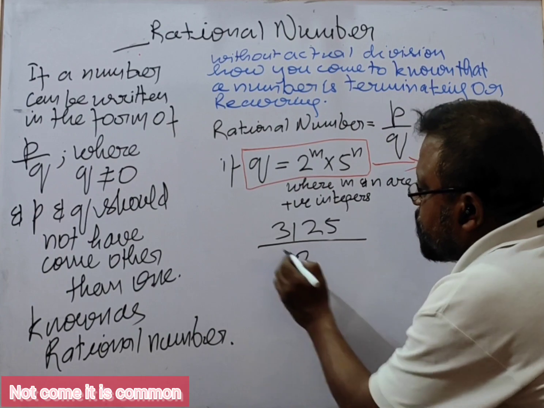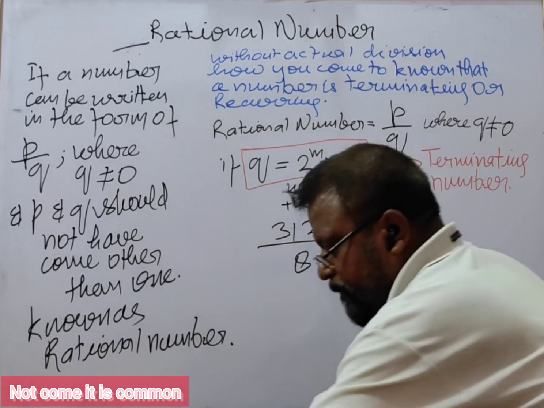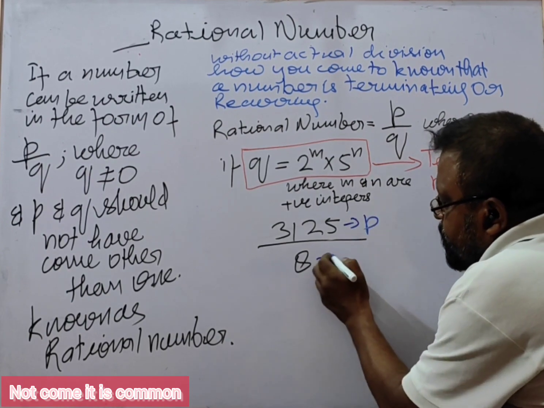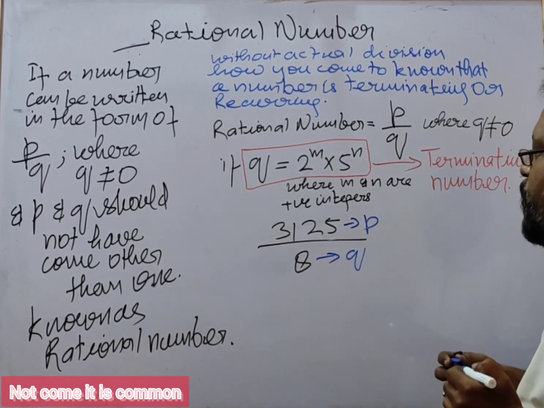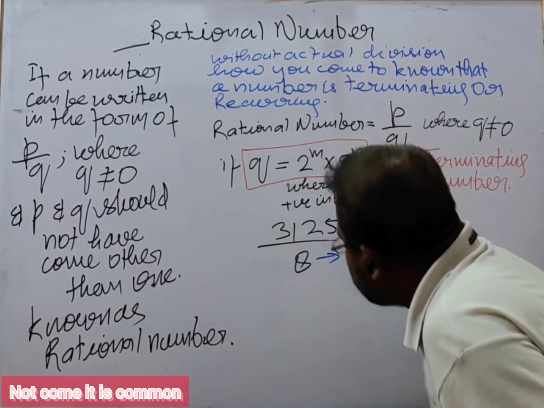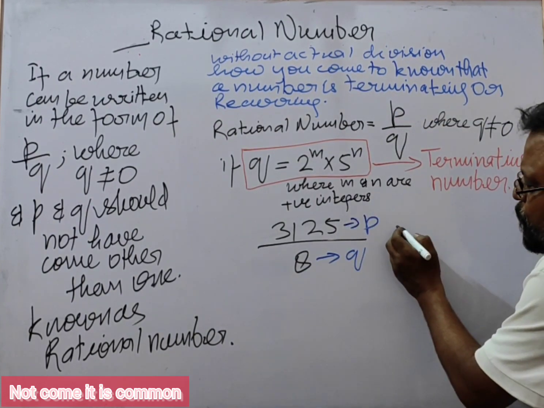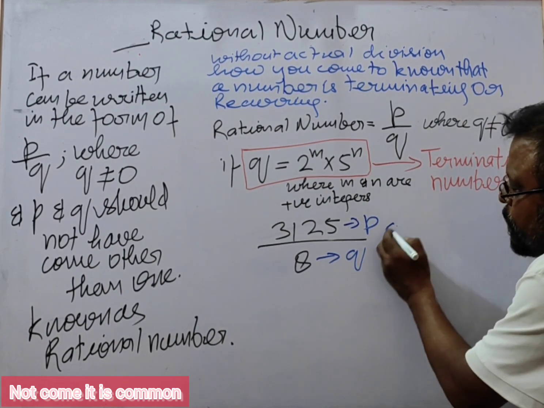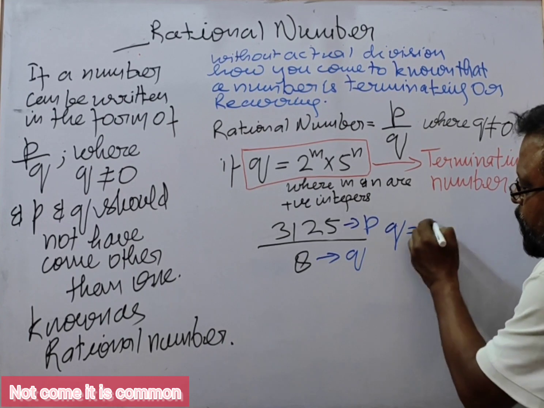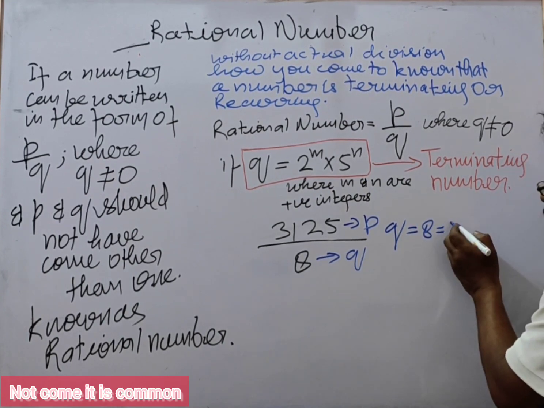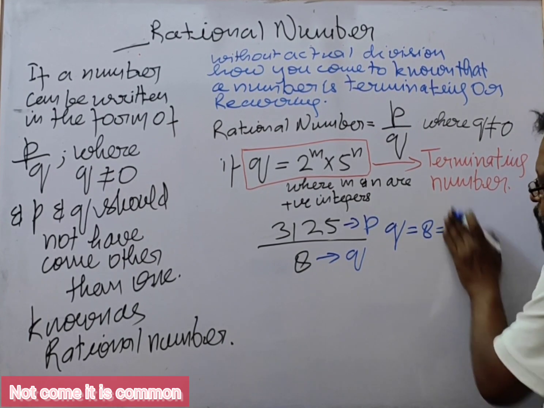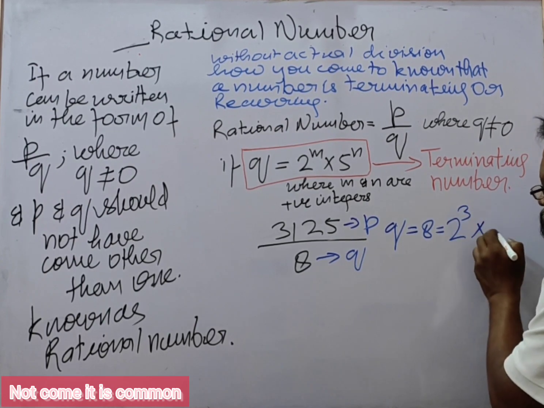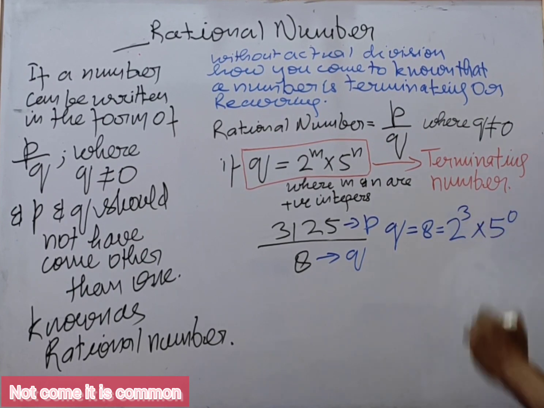So this is P, this is Q. And Q is equal to 8, so we can write it as 2 raised to the power 3 into 5 raised to the power 0.